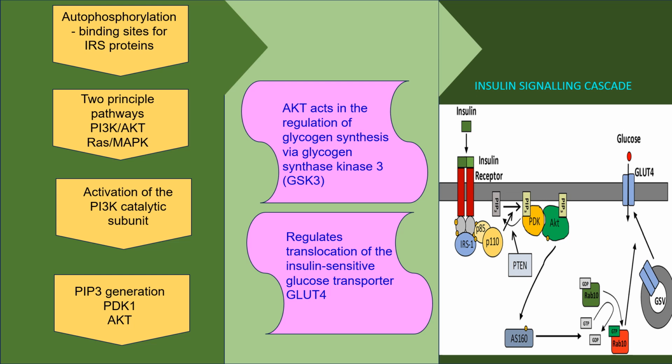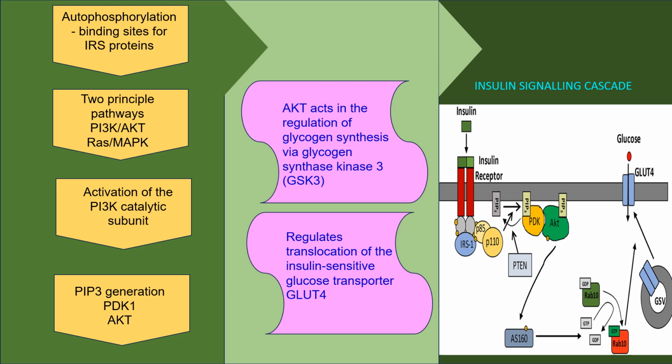AKT acts in the regulation of glycogen synthesis via glycogen synthase kinase 3 (GSK3), another serine threonine kinase. GSK3 is inhibited when phosphorylated by AKT-PKB, which results in glycogen synthesis. AKT also regulates the translocation of insulin-sensitive glucose transporter GLUT4, which is sequestered in intracellular vesicles of muscle cells and adipocytes, to the cell membrane via exocytosis, where it facilitates the uptake of glucose from the blood into cells.